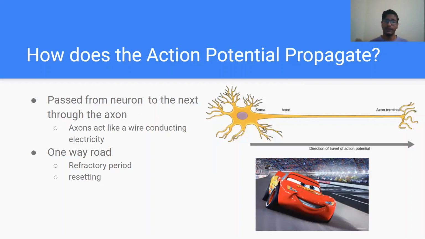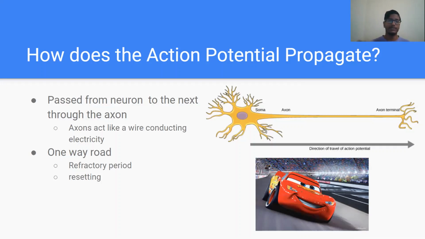Similar to that, the axon takes these electrical impulses and action potentials from the axon hillock, the beginning of this tail, and sends them down the axon, effectively like a wire, to a neighboring neuron or the destination.